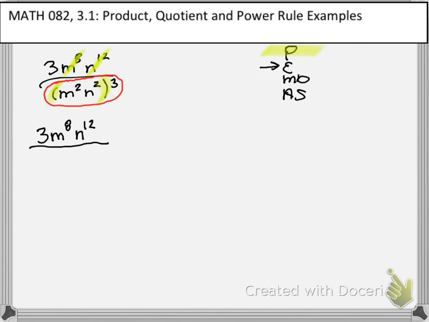Okay, here we're going to have to use the power rule. And if you need more instruction on the power rule, I created a whole video that just explains what it is and how to use it. So the power rule says that I have to take everything in these parentheses and raise them to the third power.